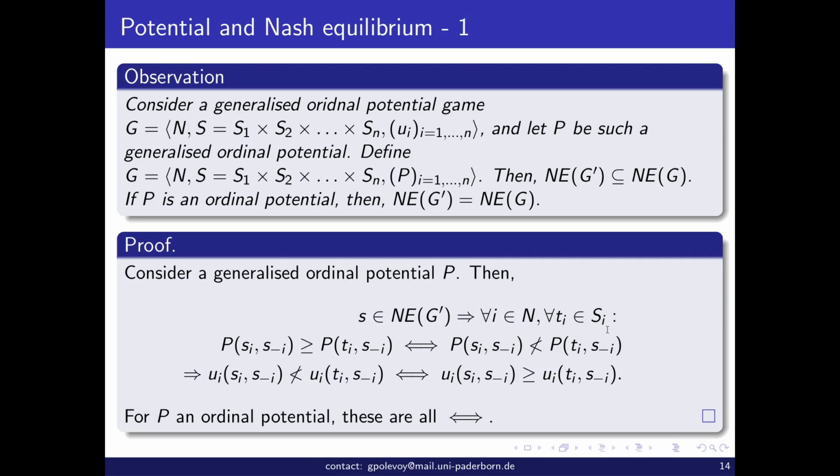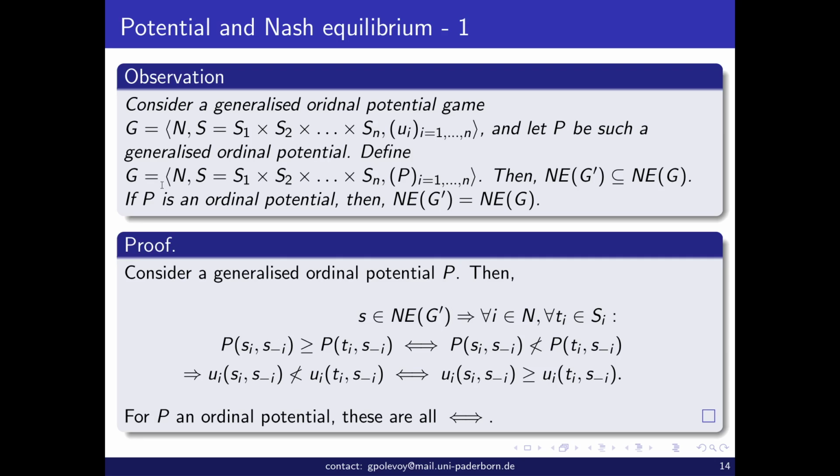So we started with the equilibrium of the game where we have replaced the utilities with potentials, and using the definition of Nash equilibria and generalized ordinal potential game, we have landed at the definition of a Nash equilibrium of the original game. So if you are an equilibrium of the game G prime, after replacing the utilities with the potential, then you are also an equilibrium of the original game.